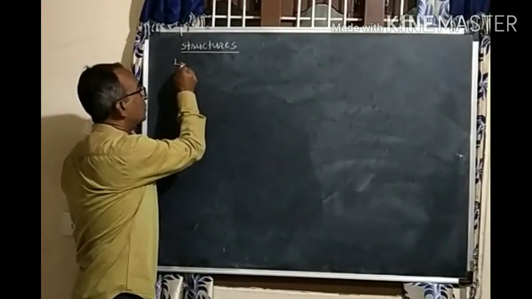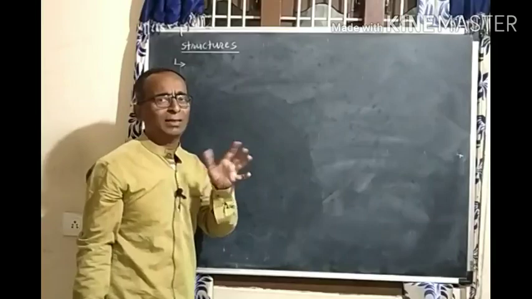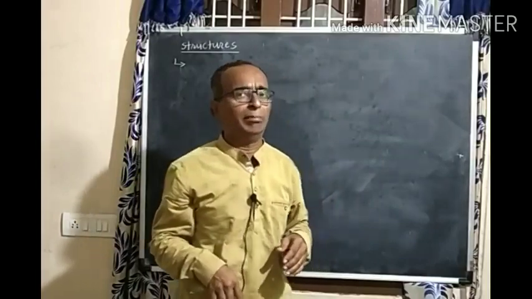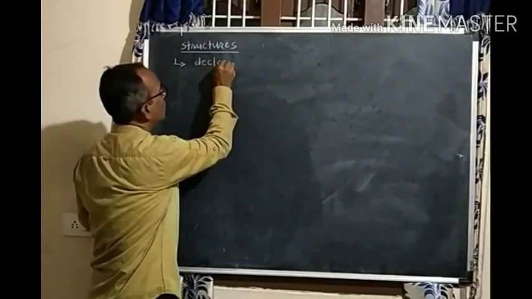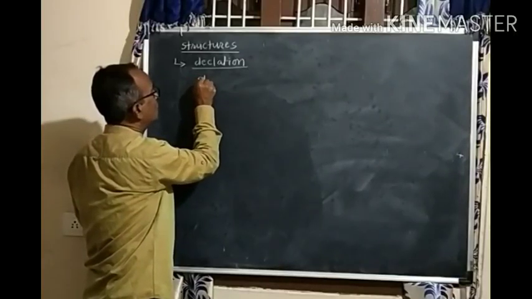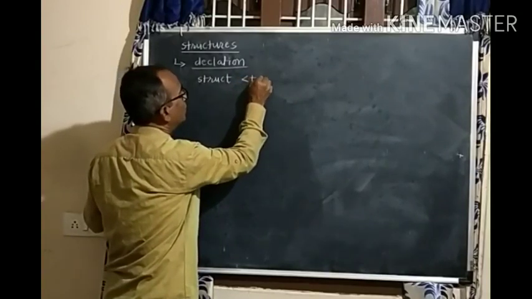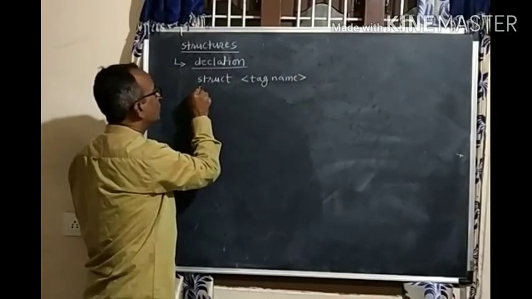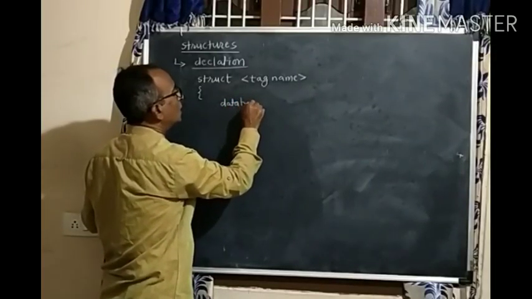As you know, structures in C is a collection of some variables, and it has been given one single name. So declaration requires struct keyword, then tag name, some name is given, and members are declared.